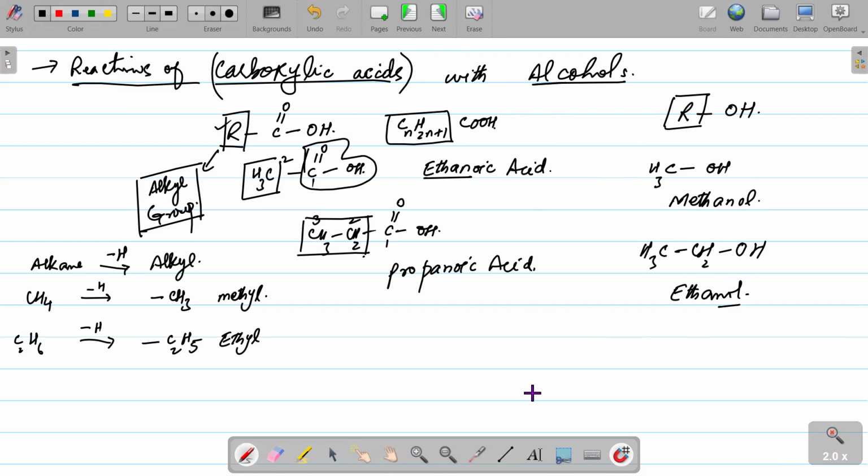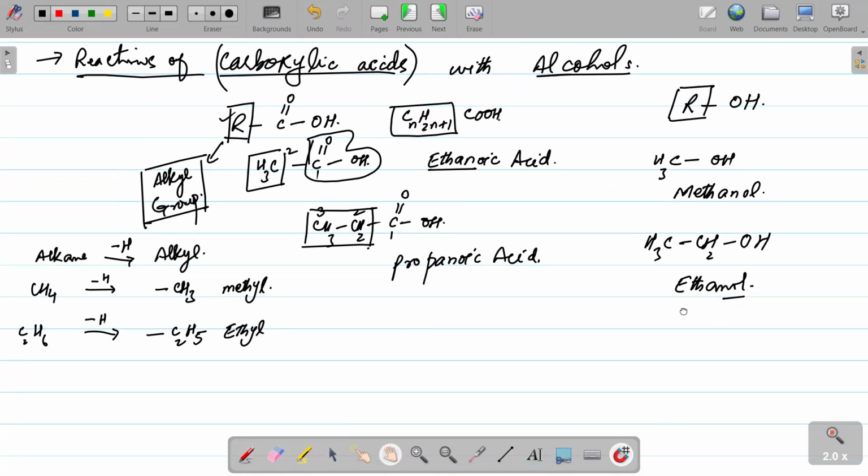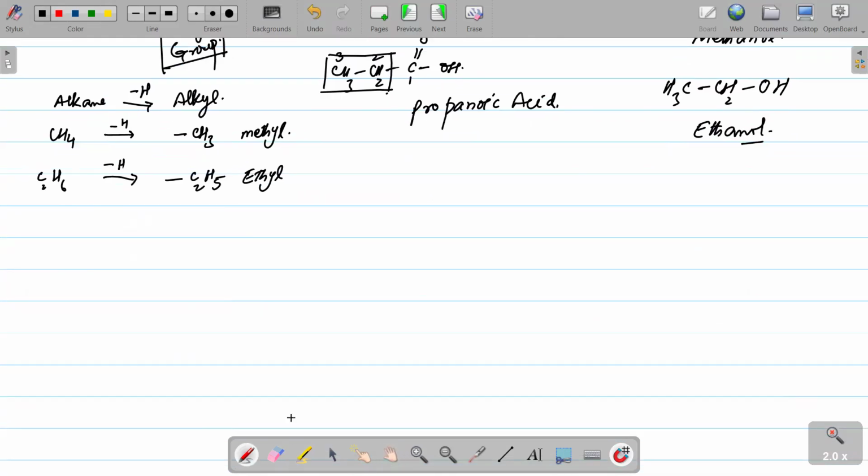So in today's reaction, we are going to use these two different types of compounds, carboxylic acids and alcohols. And it is very important because of what happens in this type of reaction. For example, I am going to take this carboxylic acid, which is ethanoic acid. So carboxylic acids, whenever they react with the alcohols, let me take alcohol like this.